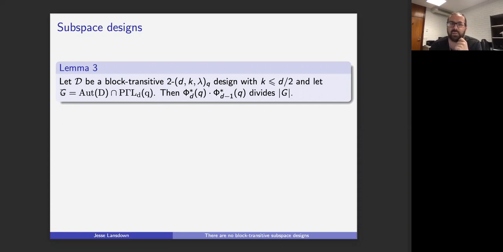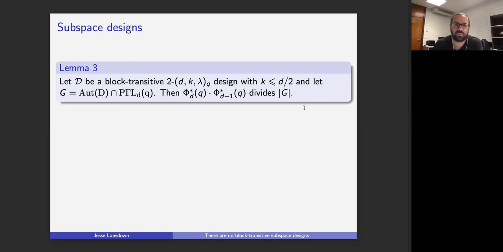Then we take G, which is the intersection of the automorphism group with PΓL. Essentially it's the automorphism group inside of PΓL, that is, the setwise stabilizer of the blocks inside PΓL. We're not worrying about that potential duality. And in that case, the product of these prime parts divides the order of G.